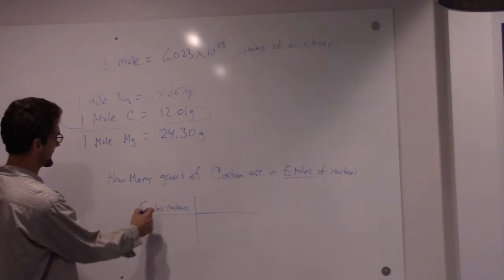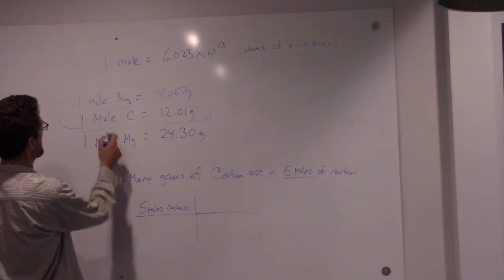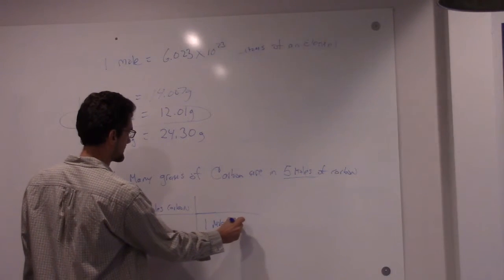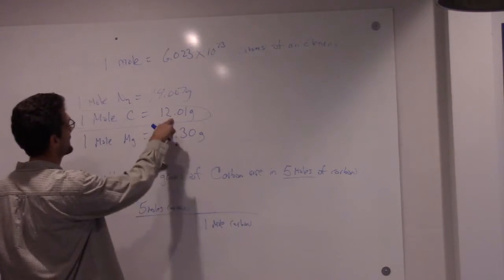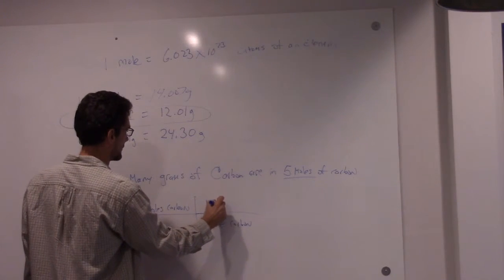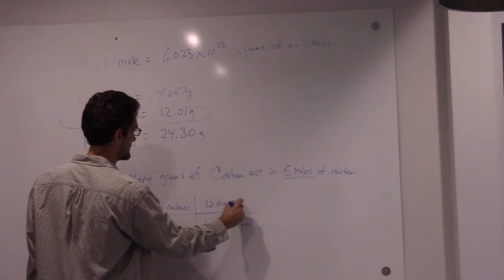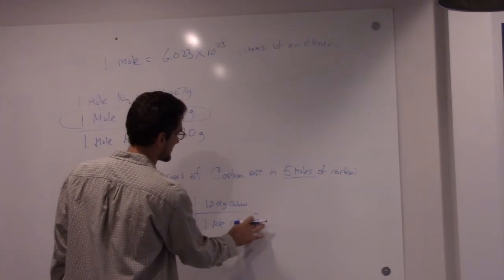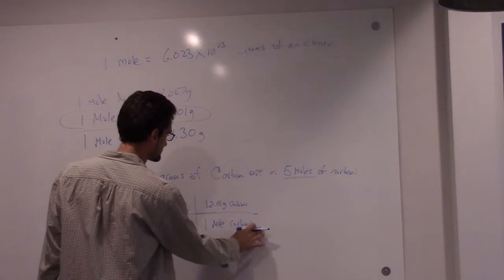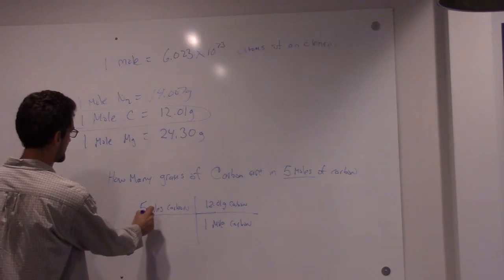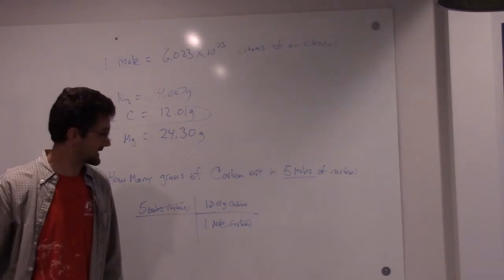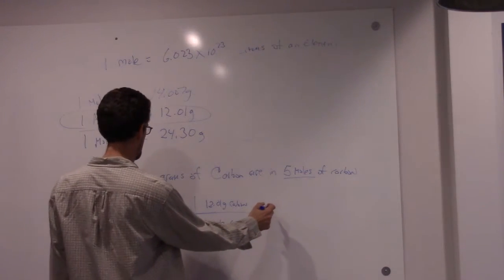So we want something that's going to cancel moles. So we know 1 mole of carbon is equal to how many grams? 12.01 grams of carbon. And my teacher's assistant is busy calculating this for me. So our moles cancel, leaving us with how many grams of carbon?